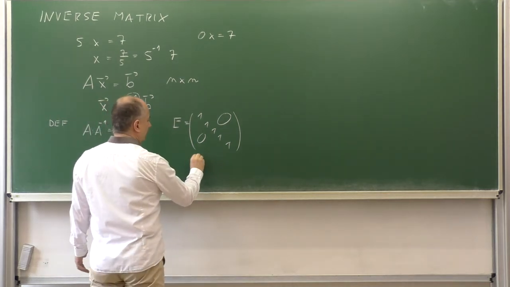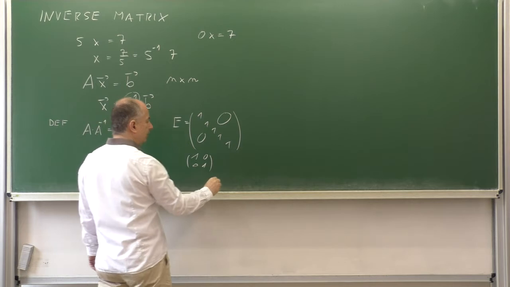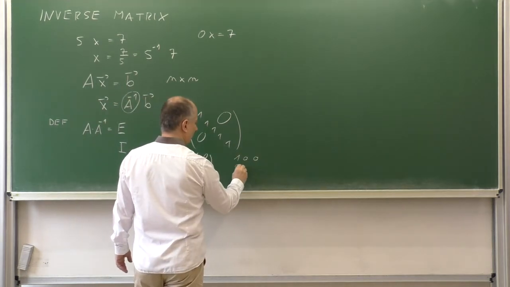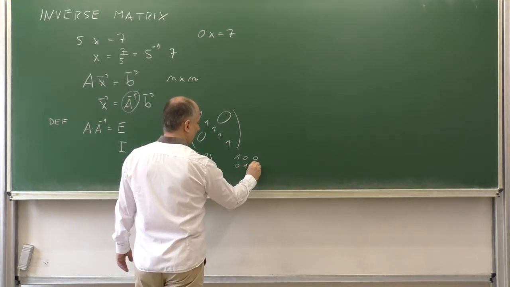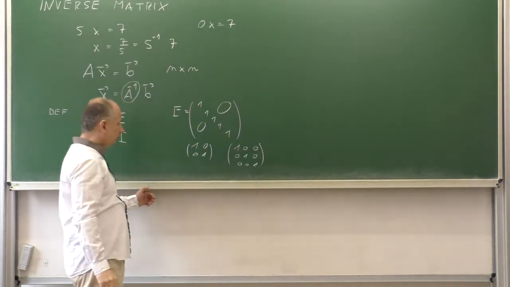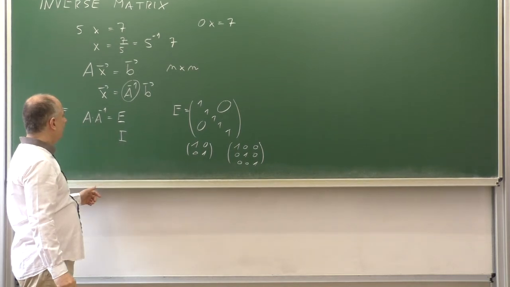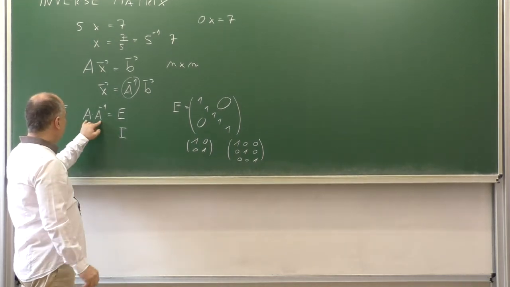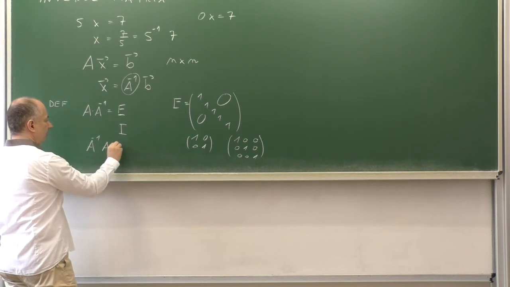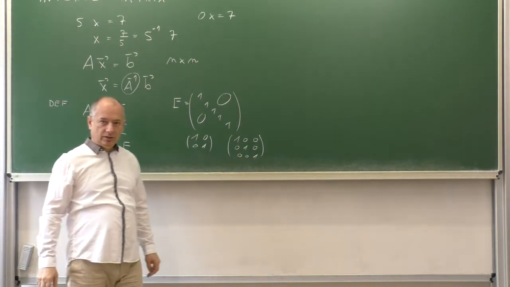For a 2 by 2 matrix, it is 1, 0, 0, 1. For a 3 by 3 matrix, it is 1, 0, 0, 0, 1, 0, and 0, 0, 1. So this is the definition, and if this is true, then we can multiply also in the opposite order, and this time we have the same result.